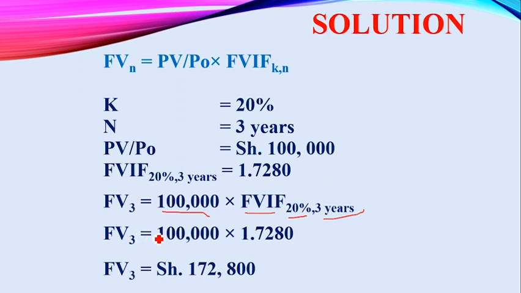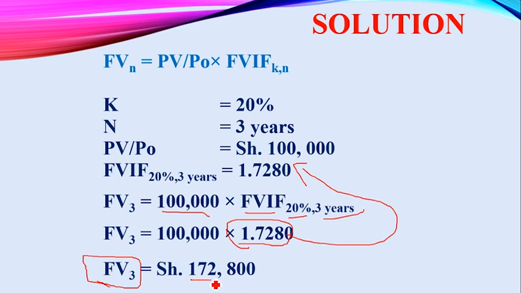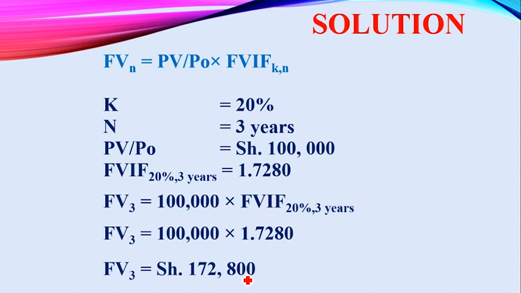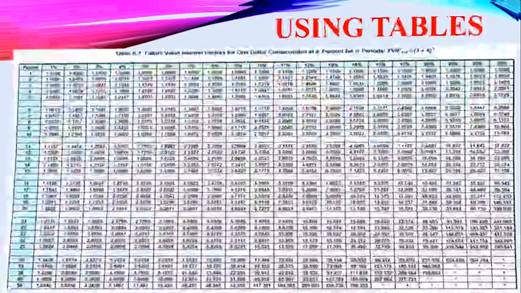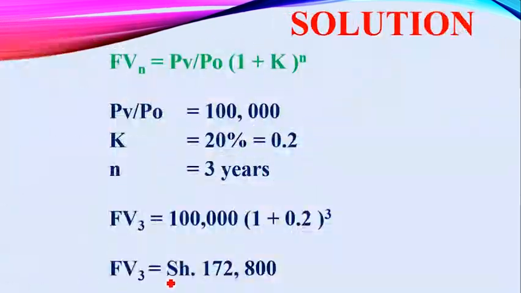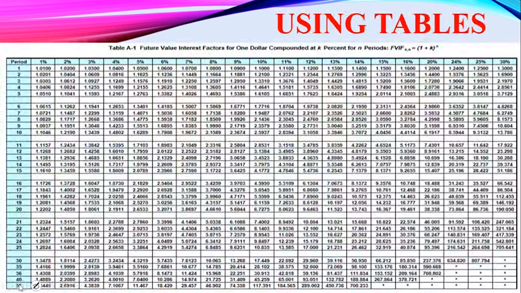Then the future value in 3 years will be 100,000 multiplied by 1.7280, which is our future value interest factor, and that gives you the future value of investing 100,000 to be 172,800. Now if you look at our solution, we are getting 172,800 when you use the tables. The same way, when we used the formula, we got the same figure, 172,800.